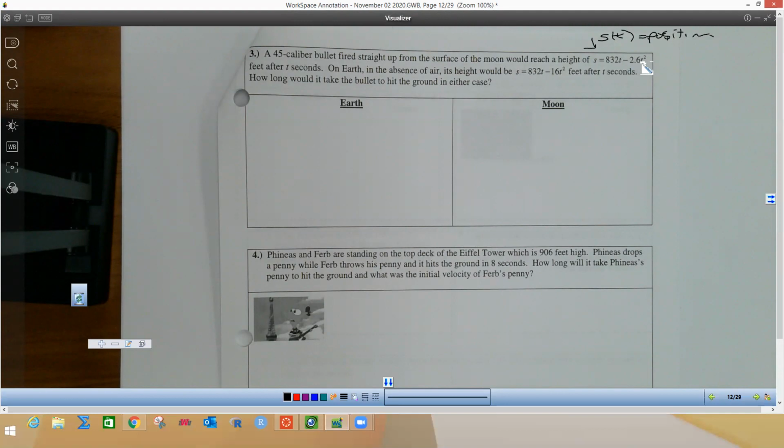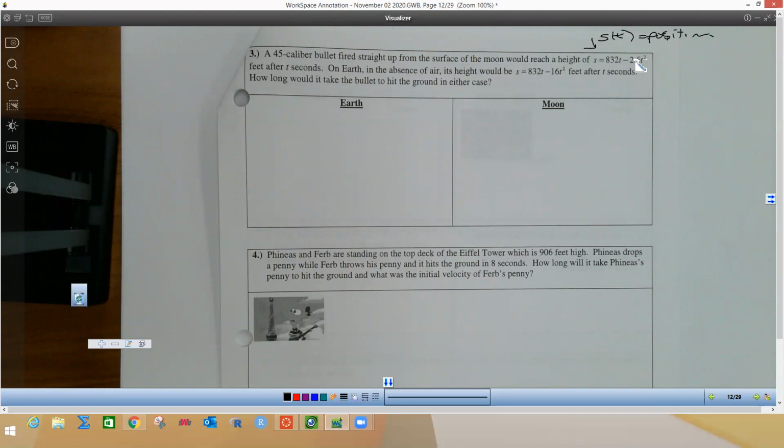So this is my deal. Now, if you remember your formula, this 832 is initial velocity. So that's the speed of the bullet in feet per second, because it says feet after t seconds. On Earth, in the absence of air, the height would be this function. In other words, the pull of gravity changes this number in front.